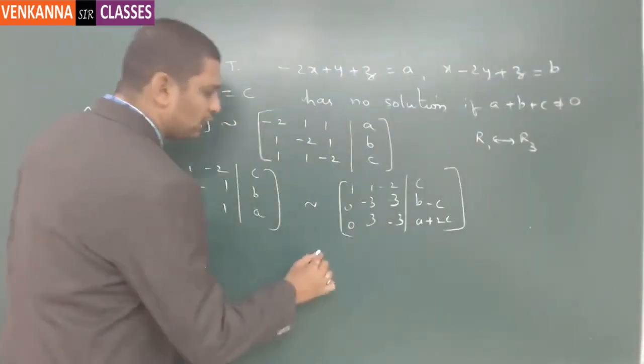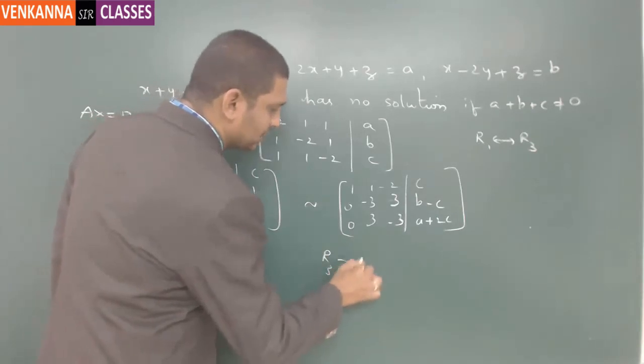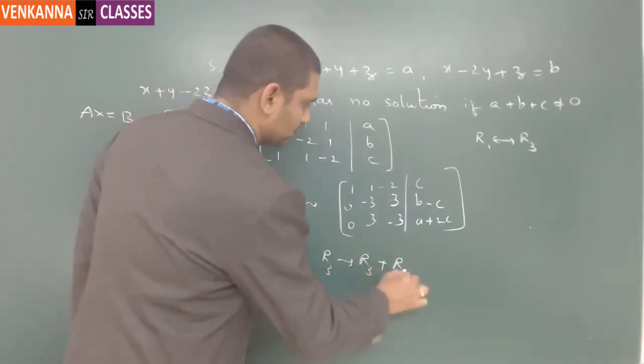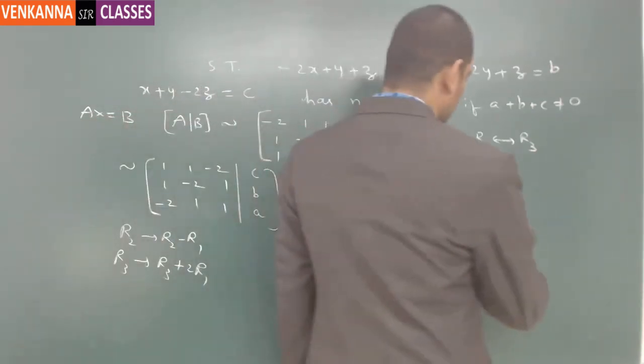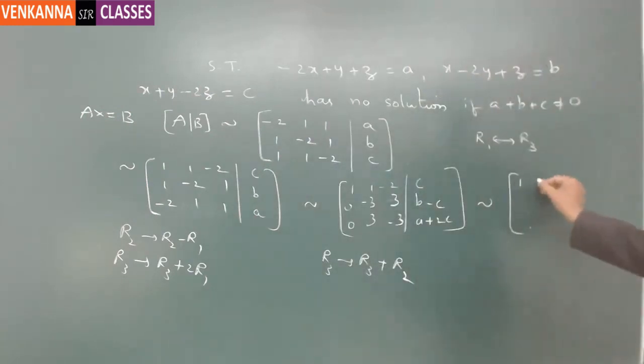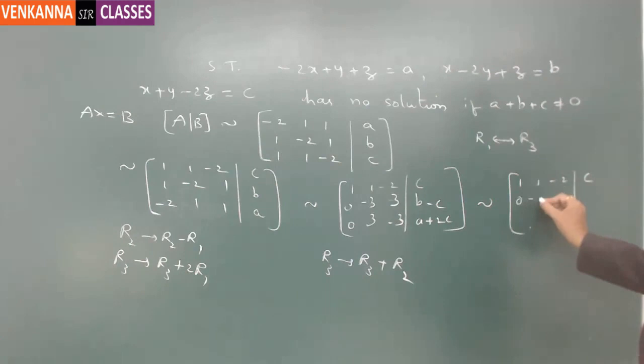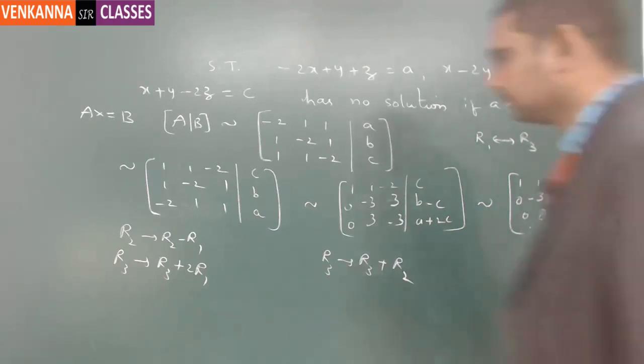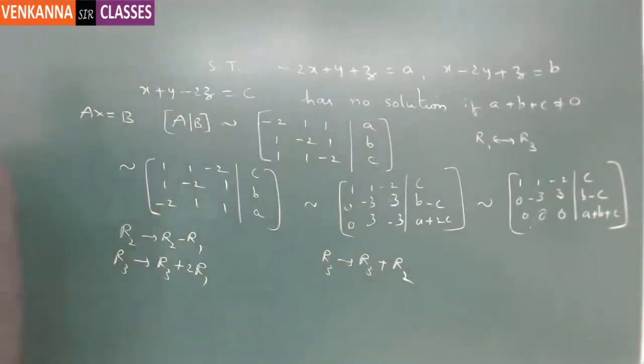Again, to get the echelon form, we do R3 tends to R3 plus R2. So it is equivalent to 1, 1, minus 2 with C; 0, minus 3, 3; 0, 0, 0 with B minus C and A plus B plus C. Agreed, all of you?